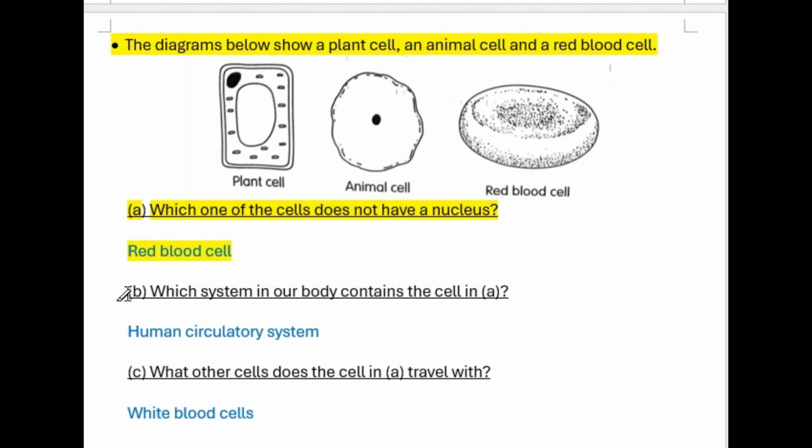B. Which system in our body contains the cell in A? Human circulatory system. C. What other cells does the cell in A travel with? White blood cells.